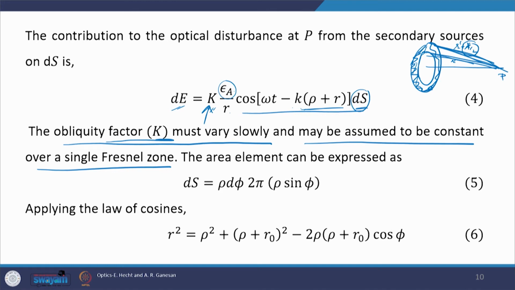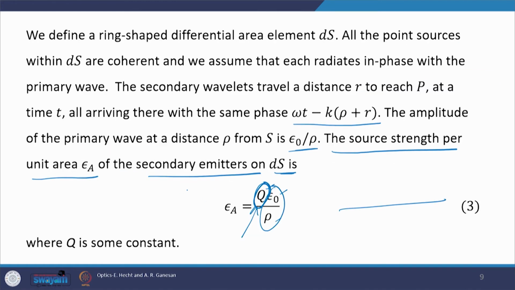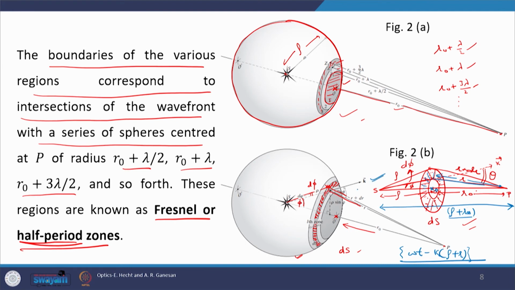Now, we calculate the area element. The area element from this figure can easily be calculated. The periphery is 2 pi r, and r is this distance, which is nothing but rho sin phi. Once rho sin phi is known, then the area would be equal to 2 pi r, where r is rho sin phi, and then the width of this strip, the width of this annular region. What would be the width?